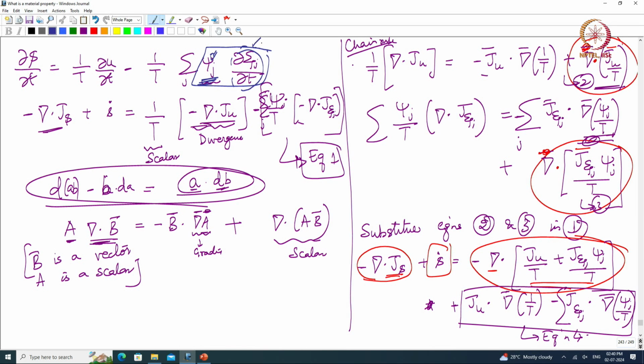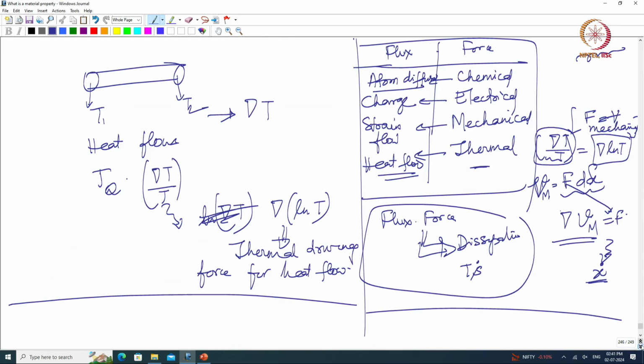This is strain rate, this is mechanical work. We always assume that this term is a conservative quantity, just like internal energy is a conservative quantity, charge flow is a conservative quantity. We said strain, we are not really sure if strain is a conservative quantity, so flow of strain is a conservative quantity.